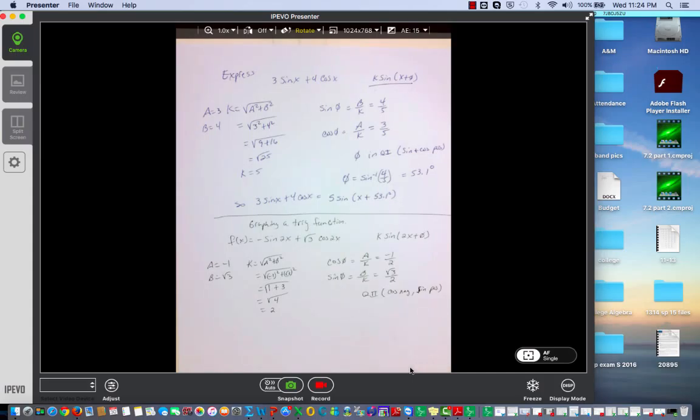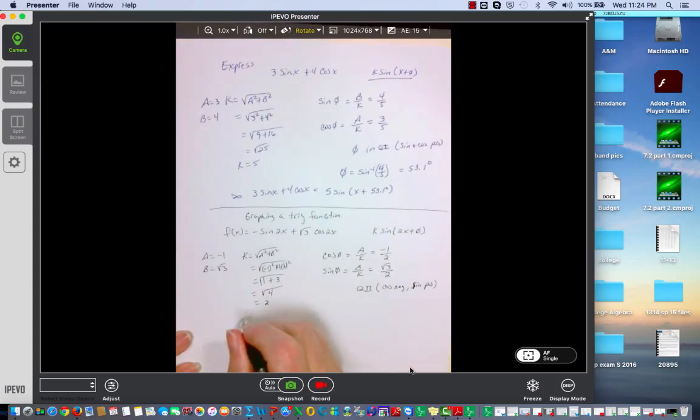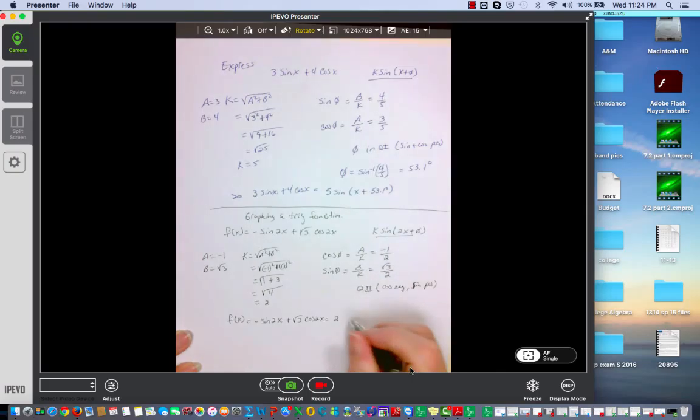So what does that do for us? Well, we have f of x is equal to negative sine of 2x plus the square root of 3 of cosine of 2x is equal to, putting it in our format, 2, because that's our k value, sine of 2x plus phi. Well, what is phi?